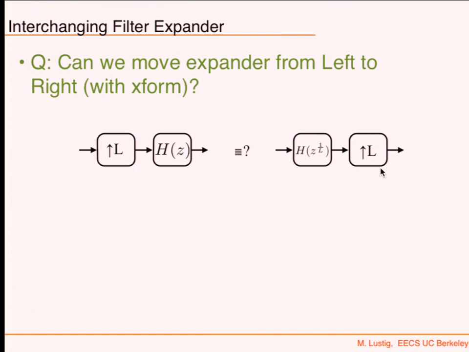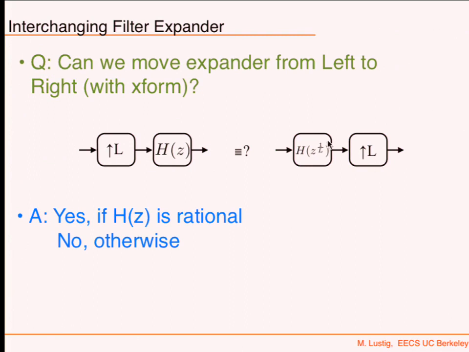Okay, what will be then the criteria? If it expands too far and starts aliasing, then no. So what I do here is I expand it, like stretch the frequency, right? This can only be true if H(z) is rational in z^L. That means H(z) is going to be of that form only if it was expanded before.